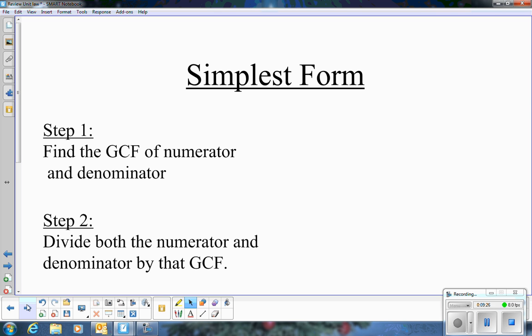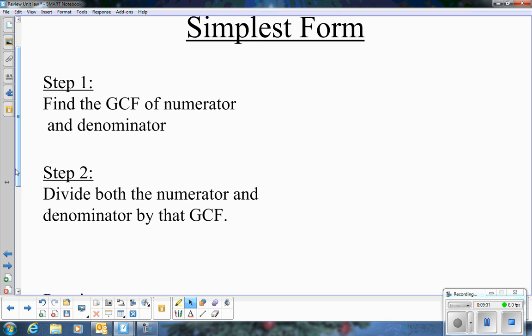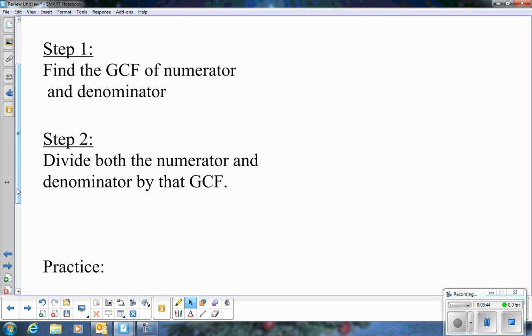But the real process to finding the simplest form of a fraction is this. Find the greatest common factor of the numerator and the denominator. Just like we did Friday. We either made our little chart and then our list, or we made the prime factorization factor trees. And then use that GCF to reduce, to divide the top and the bottom, the numerator and the denominator.